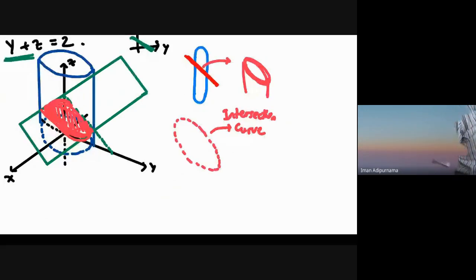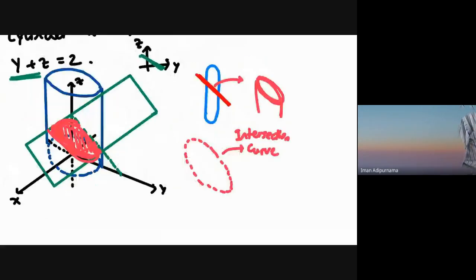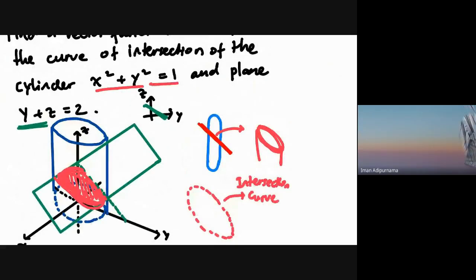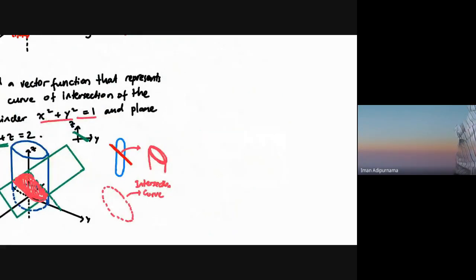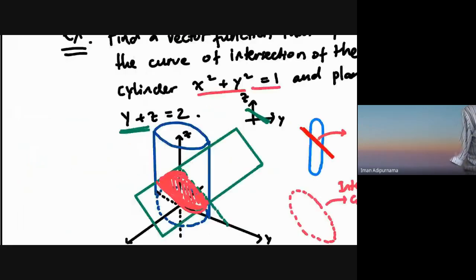So first, we have x squared plus y squared equal 1, which we already discussed. So the parametric x will be cosine t, y is sine t. And z is from the plane y plus z equal 2.